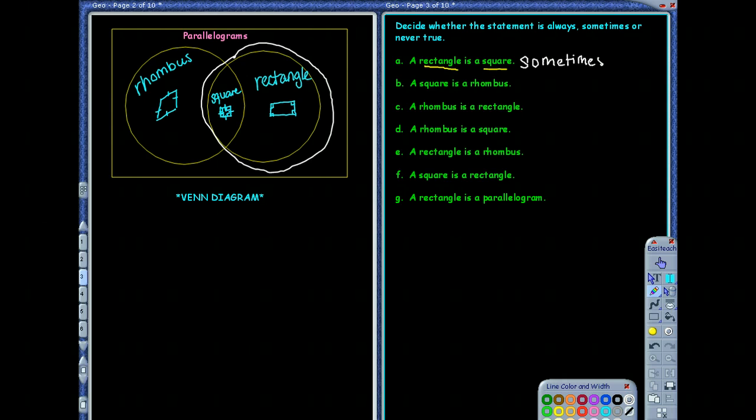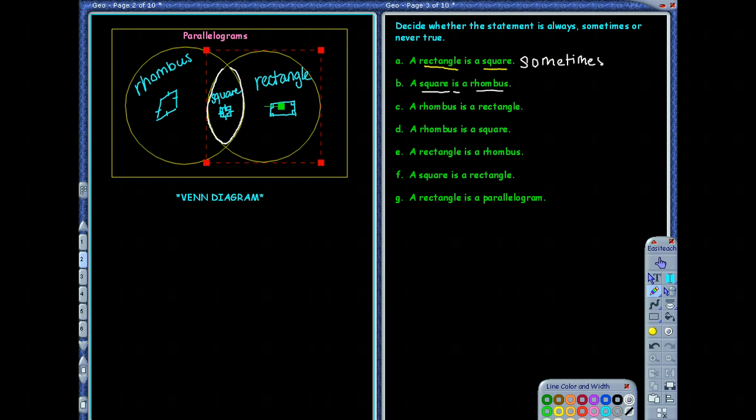Exactly. And this is where some of you will say never, because you're thinking strictly. Is a square always a rhombus, sometimes, or never a rhombus? Going back again to that Venn diagram, I see where the square is. It's in that region where it overlaps the rhombus and the rectangle. So squares have characteristics of rhombuses, and they have characteristics of rectangles.